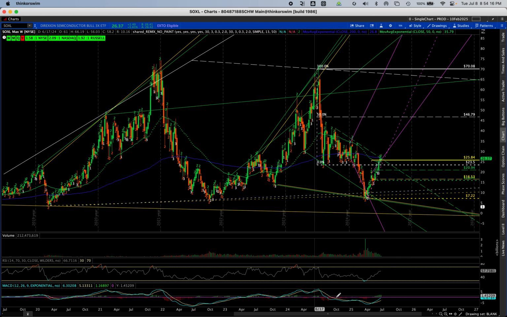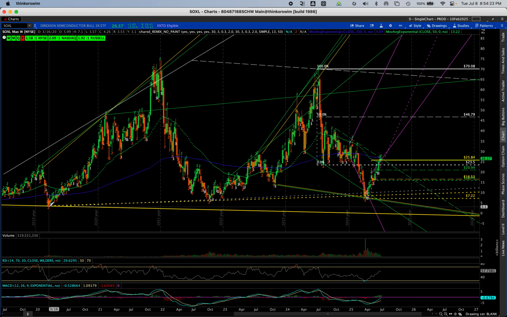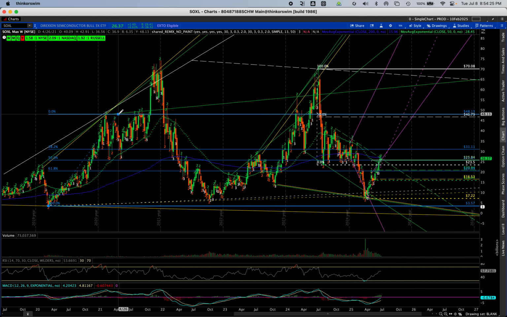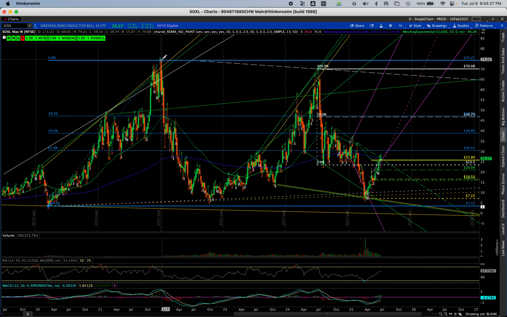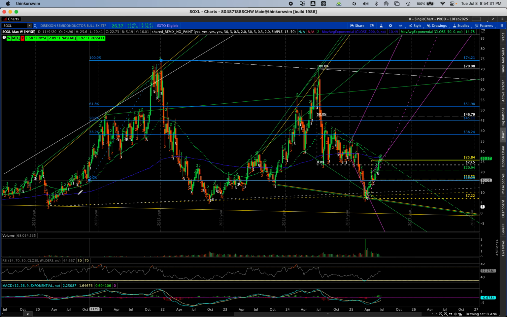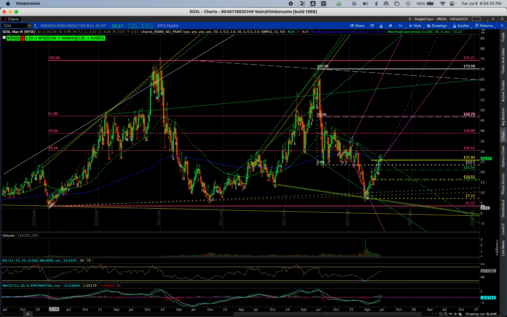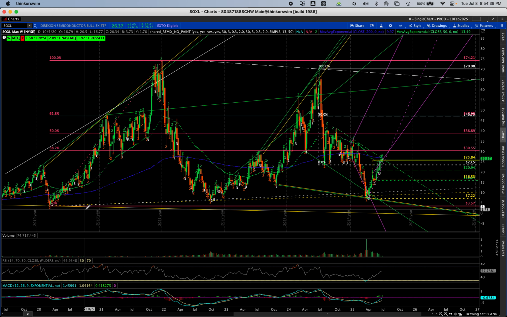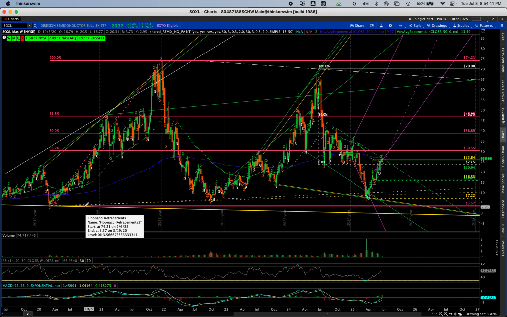So I do like to bring in a Fibonacci from that move. That was a major move. That's what price action we're trading in at this point, right? I don't know why this always goes the wrong way. So we can see we've got our 161.8, 50, 38.2, and 0. You can use the 78.6 and the 23 fibs.